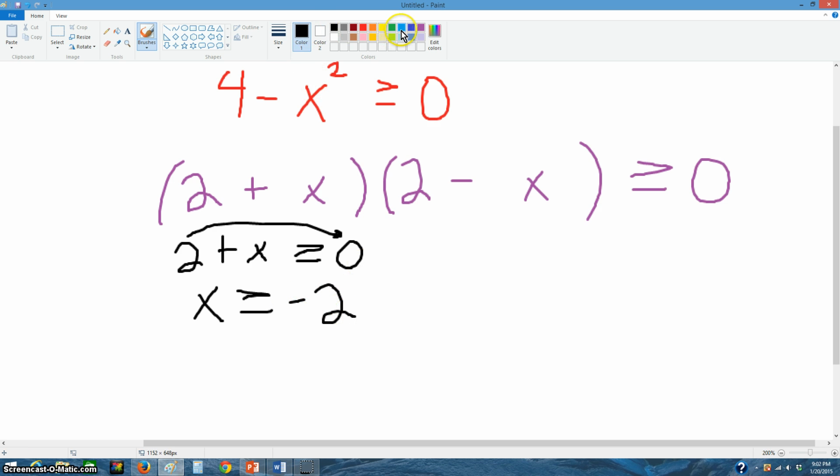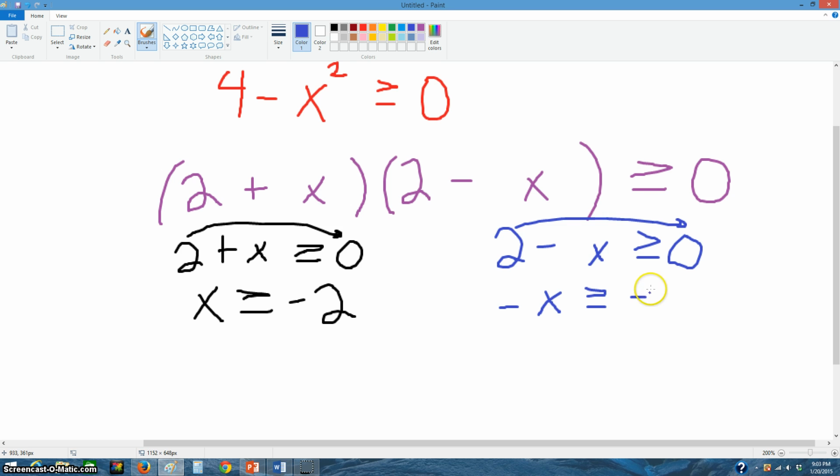Okay, here, if I take this one and I say 2 minus x is greater than or equal to 0, if I were to move that 2 to the other side, I get negative x is greater than or equal to negative 2.